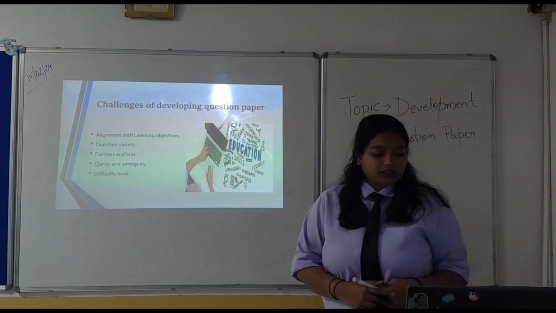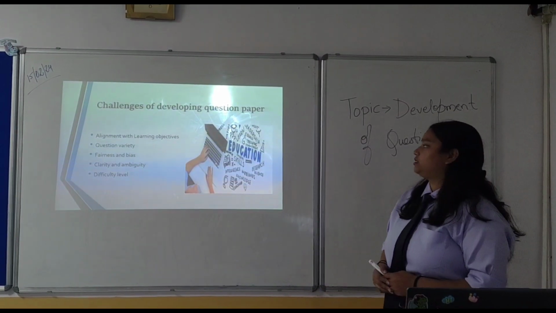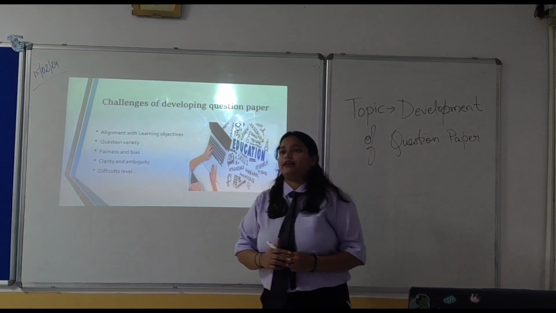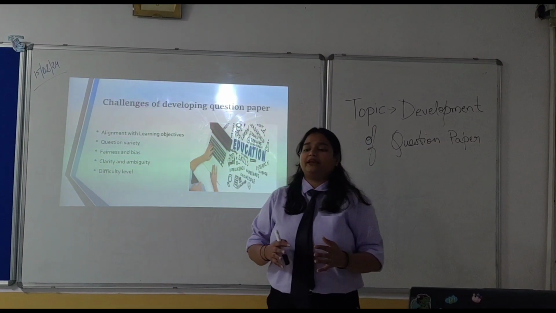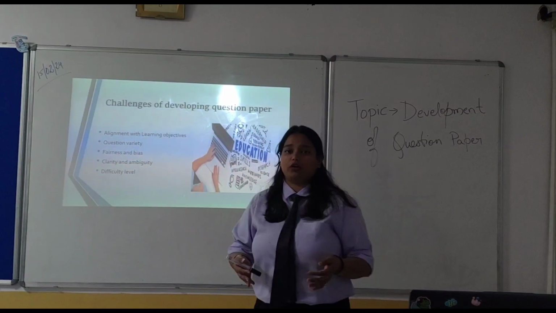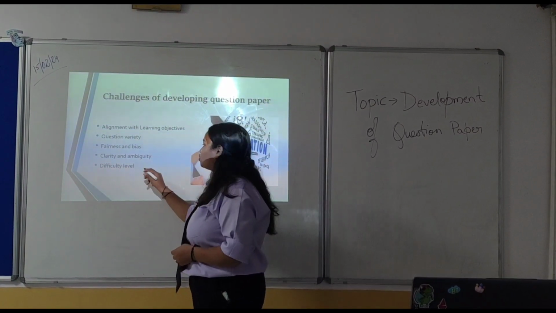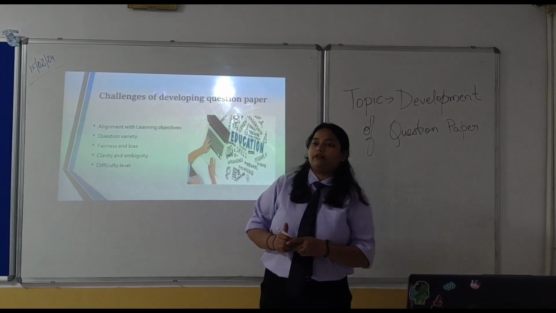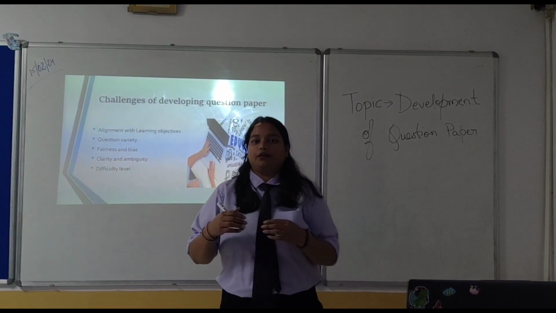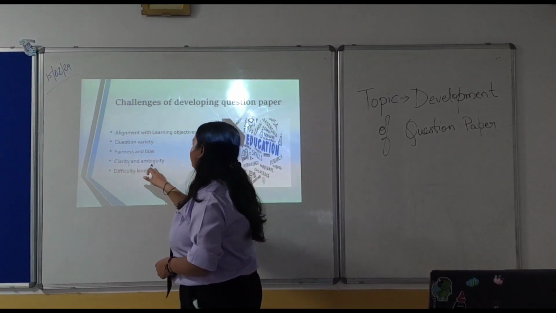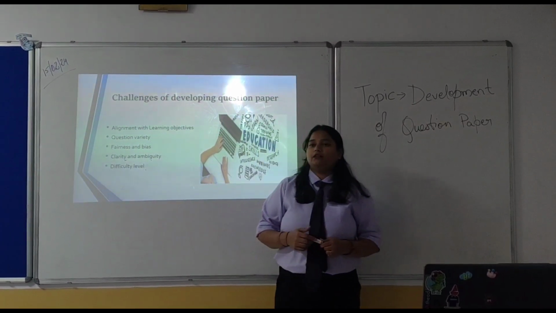So here we can see challenges like difficulty level. We have to see that we don't make the question paper too hard for a student to answer. The difficulty level should be according to our syllabus or a child's needs. The next is clarity and ambiguity.